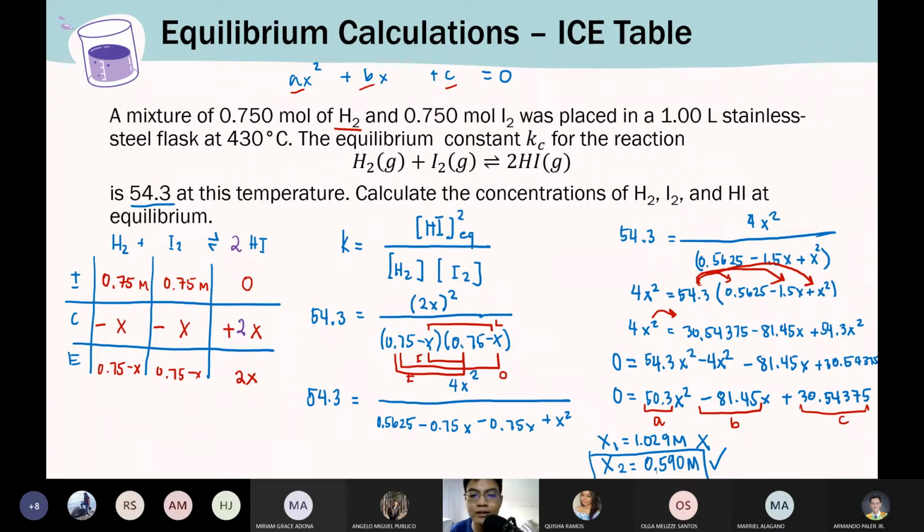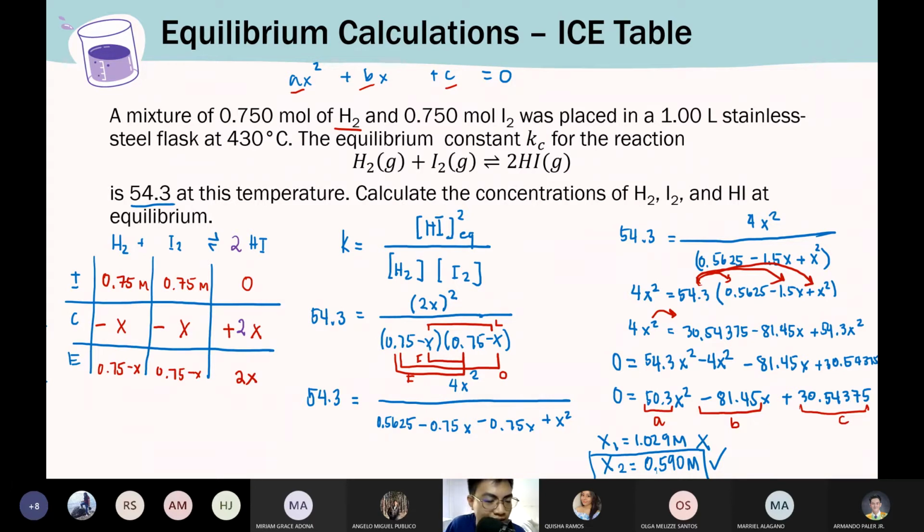Kaya hindi sila pwede. So, may matitira talaga na iisang appropriate value. Okay? Ngayon, I know that the x should be 0.590 kasi when I subtract it sa 0.75, at least positive yung difference. Bawal kasi negative na difference. So, I will use that.